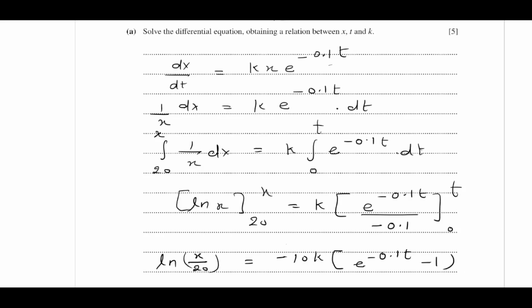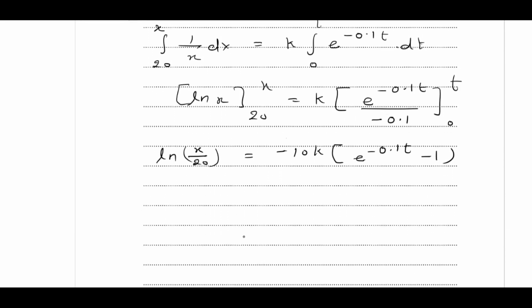Okay, so I have to now get the relation. Therefore ln x divided by 20 equals minus 10k e raised to minus 0.1 t plus 10k. Okay, so this is the one relation I can obtain.